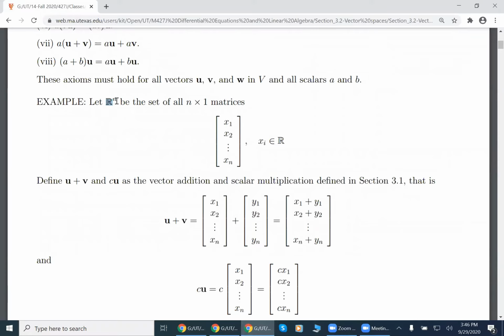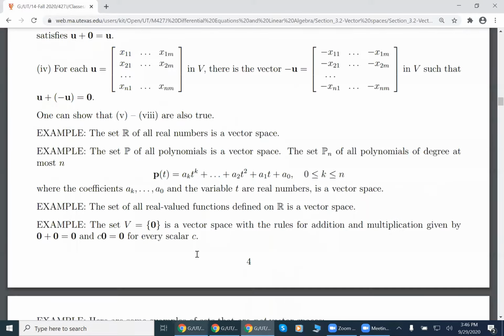In Rn, the whole matrix is a vector. This is not a vector. This is not a vector. This matrix is a vector. In R, each number is a vector. In R, there are no matrices, numbers only.